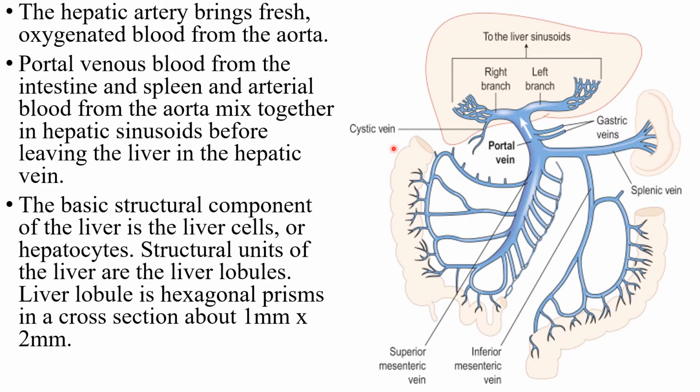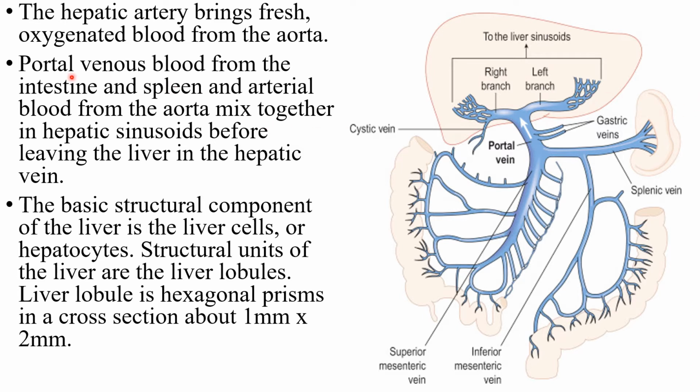The hepatic artery brings fresh oxygenated blood from the aorta. So this is what dual blood supply means. In one blood supply, the portal vein brings blood from the spleen and the intestine towards the liver, and the hepatic artery brings the fresh oxygenated blood from the aorta.